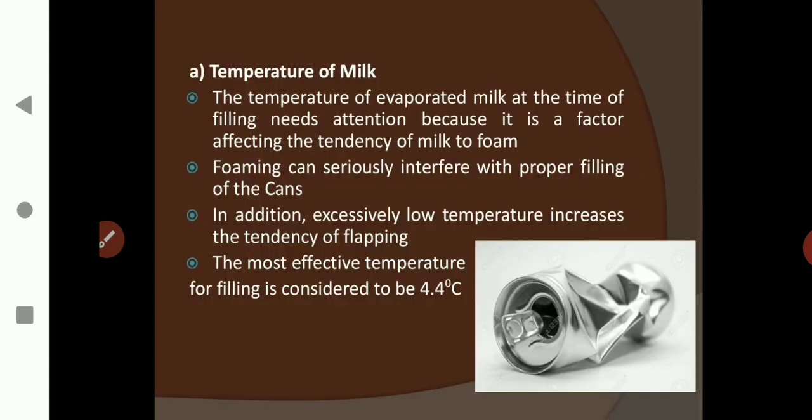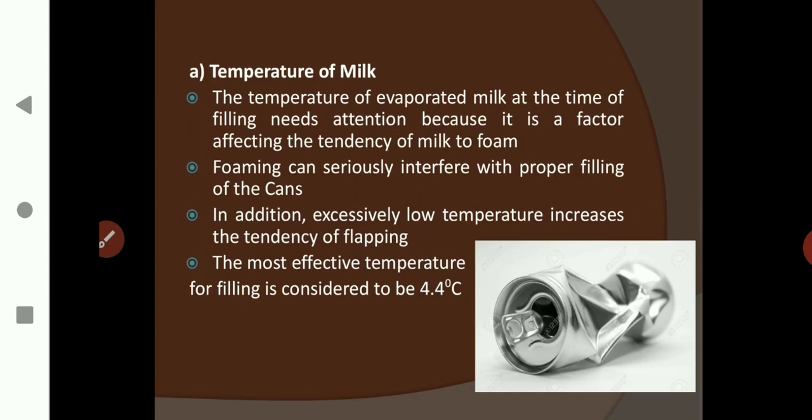The temperature of filling is very important. It should not be high, because if the temperature is very high, the milk will foam, and there will be air inside the can, which will hinder sterilization.